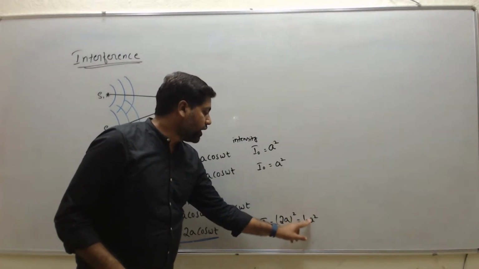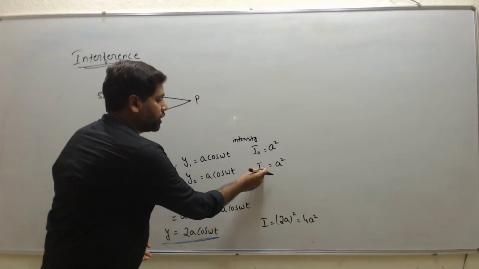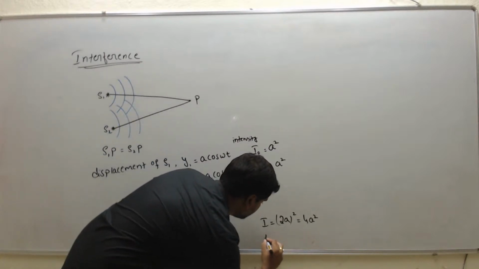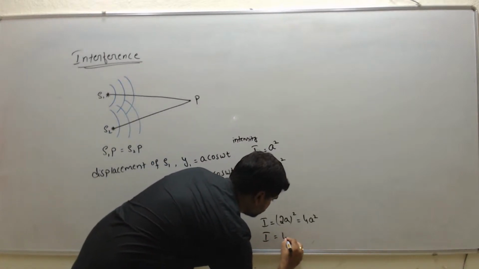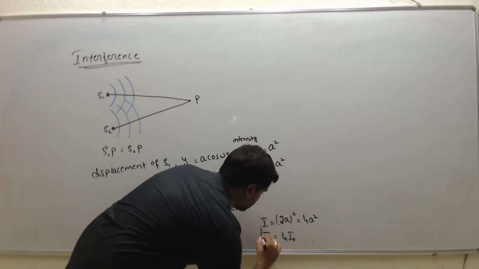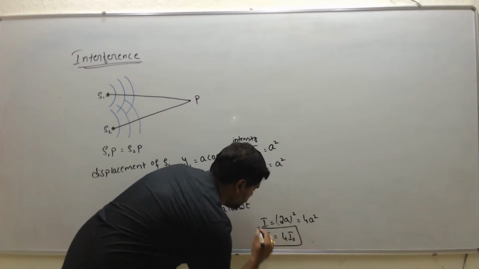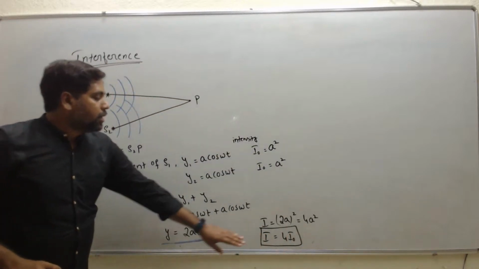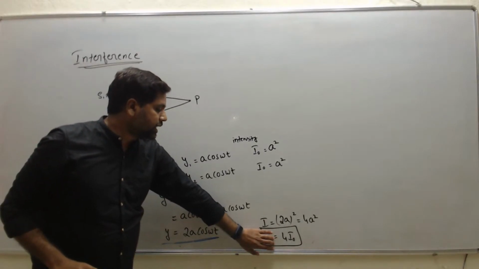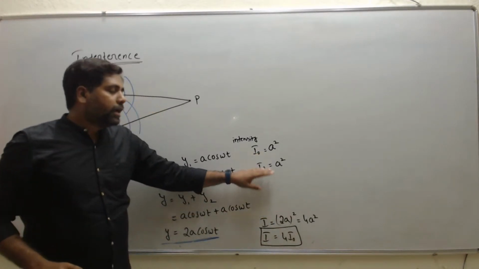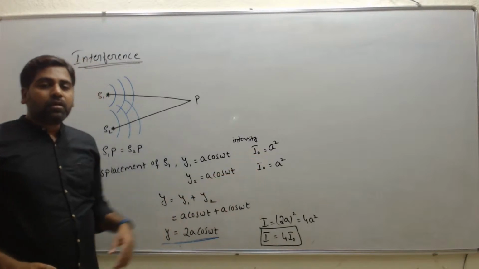So in terms of a square, we can write I is equal to 4 I naught. That is, the intensity is 4 times the individual intensity of the wave.